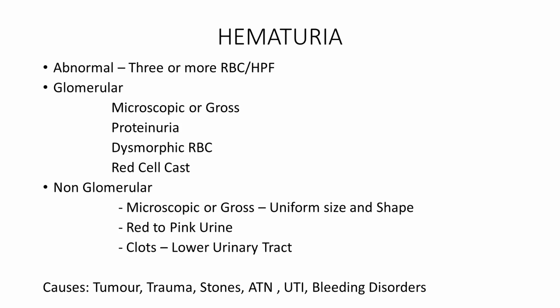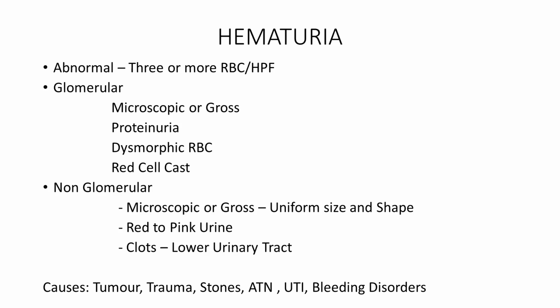Now, this hematuria can be glomerular, and glomerular hematuria can be microscopic or gross. Gross means you can literally see it, which is called cola colored urine, or microscopic, which you detect on microscopy. Then proteinuria, dysmorphic RBCs, and RBC casts are a feature of certain forms of glomerular disease, especially nephritic syndrome.